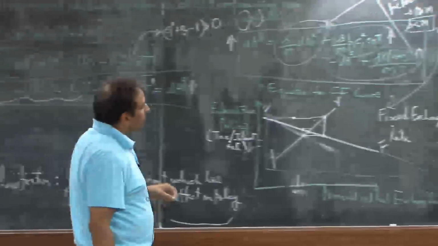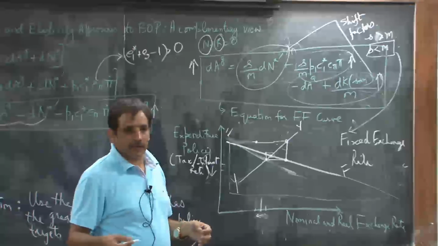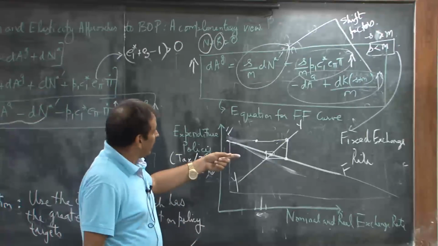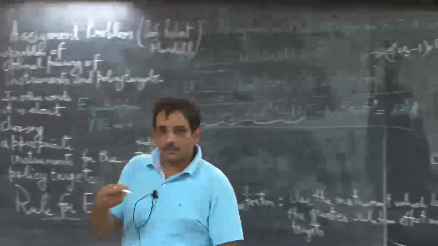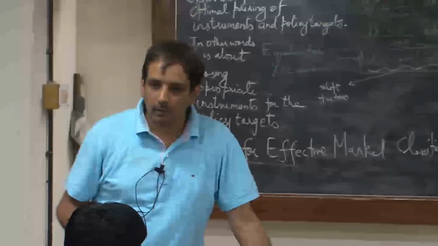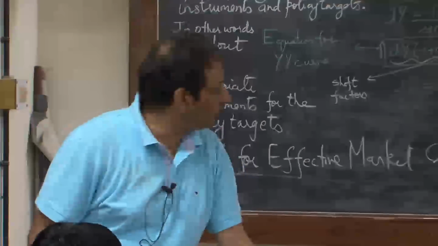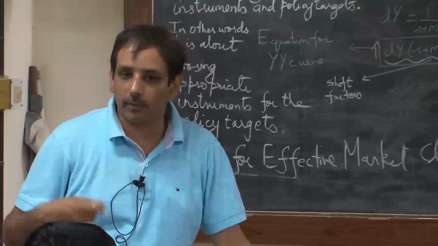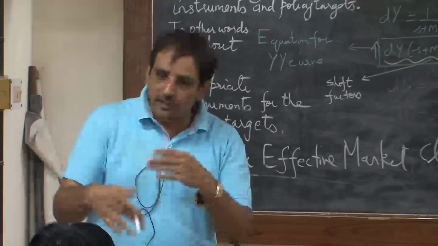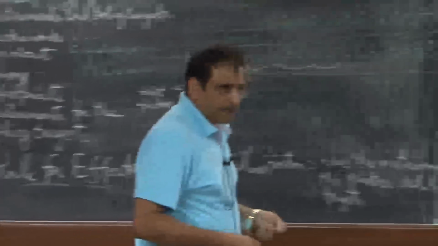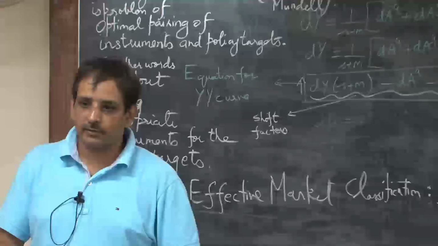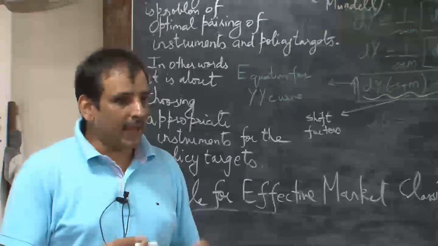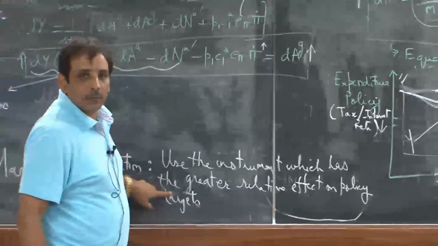But what you can know as a person is what type of situation you are facing in your economy, whether you have a balance of payment surplus, or you have unemployment in the economy or inflationary conditions. So then you can change the policies, but the rule is that the number of instruments should be as large as the policy targets, and then you choose that particular instrument which has the greater relative effect on the policy targets.